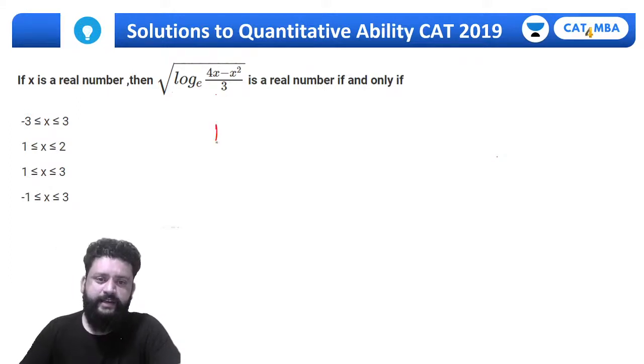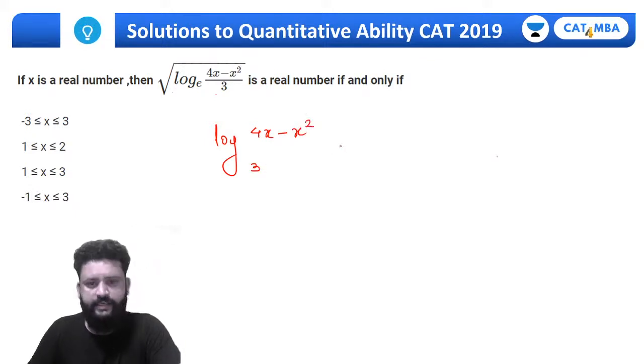So I can simply write log of (4x minus x square) divided by 3 to the base e is greater than or equal to 0.